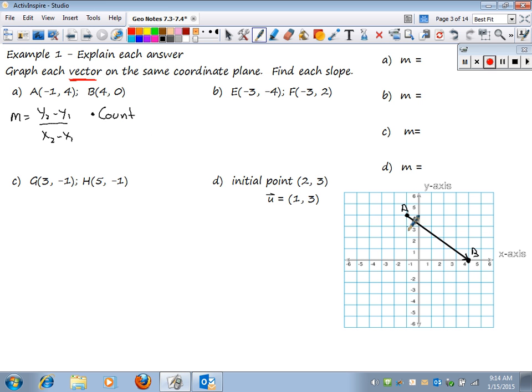I could count 1, 2, 3, 4 down, which would be negative 4 for my rise. And I could also count 1, 2, 3, 4, 5 across, which is 5 for my run. So I could count 4 down, which is negative 4, and 5 across, which is a positive 5. And I would get my slope, which is a negative 4/5 slope.